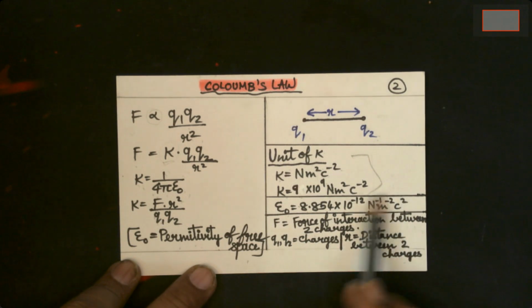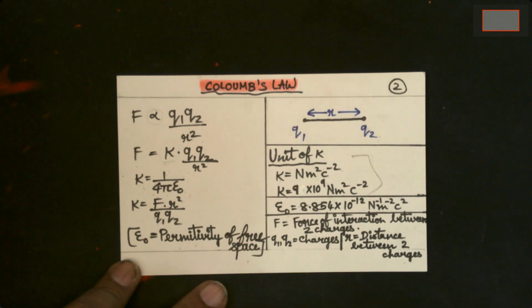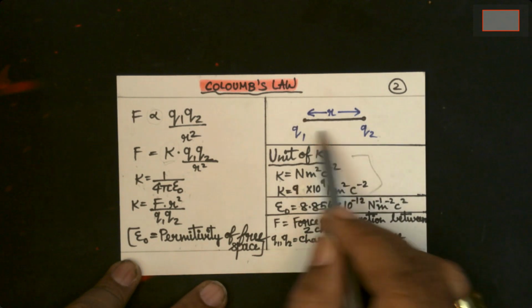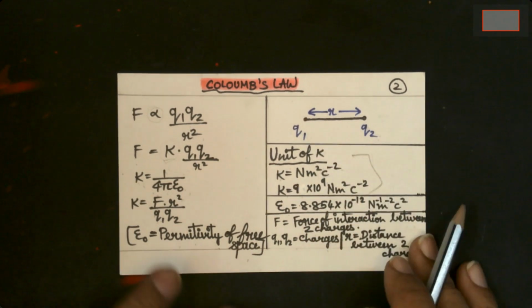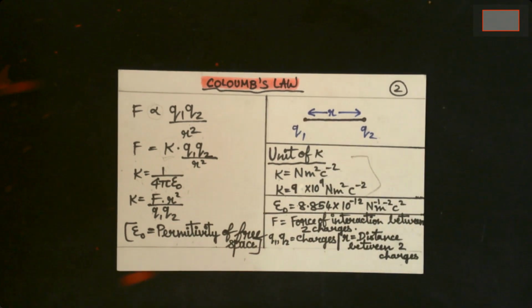So remember this value and also the unit. And you know F is nothing but the force of interaction between the two charges, and Q1 Q2 are the charges. Of course, R is the distance between these two charges, right? Got it?